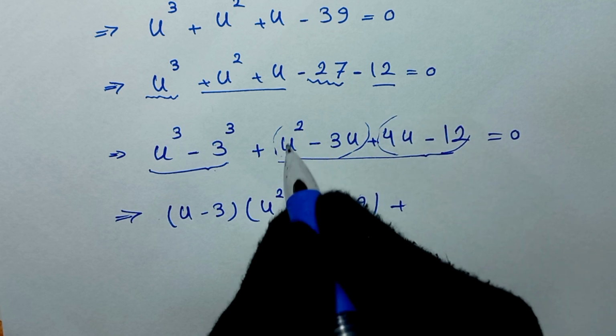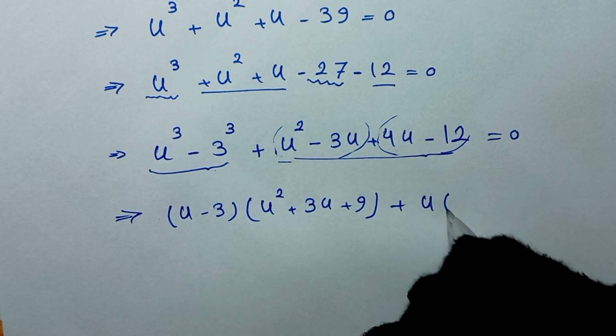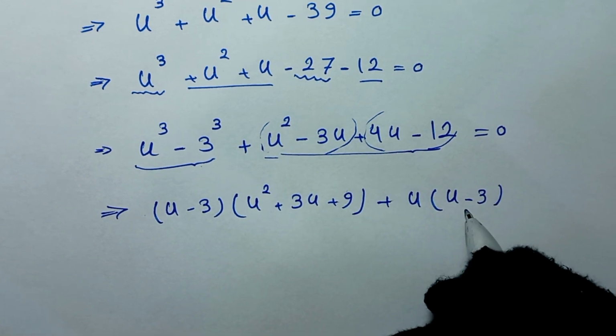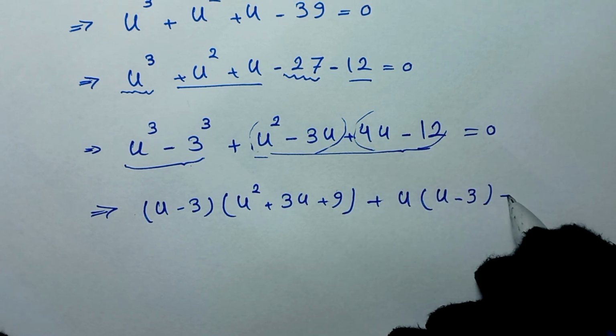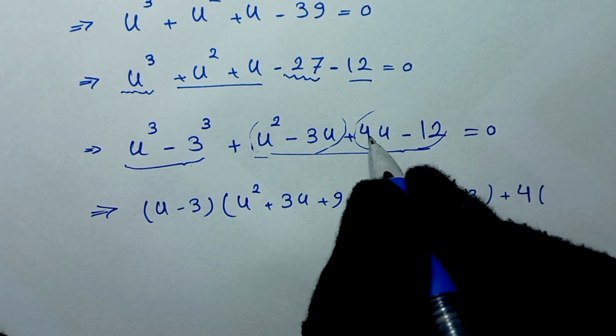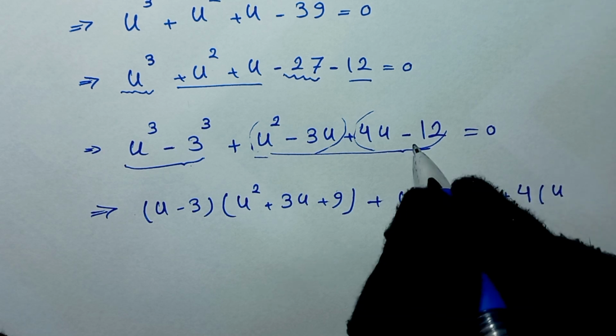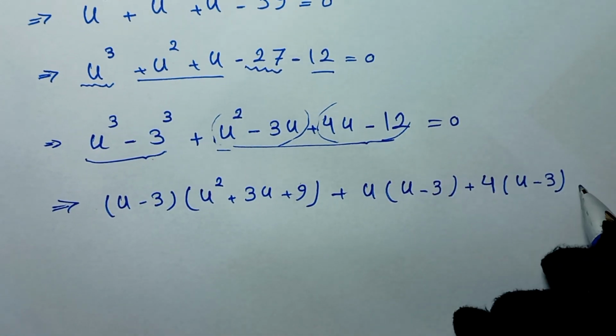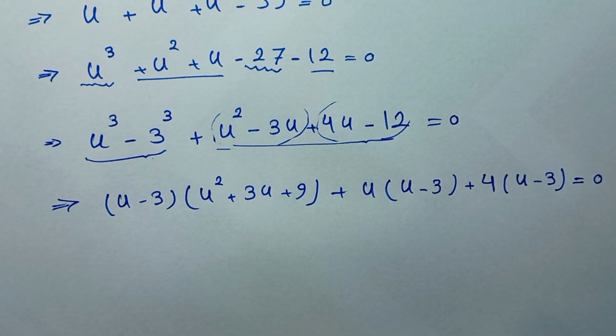And here we factor u, and in here it will be u minus 3, and for these two parts we factor 4, and it will be this divided by 4, it will be u, and negative 12 divided by 4, it will be negative 3 is equal to 0.